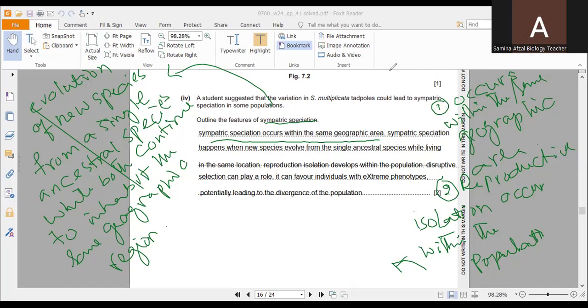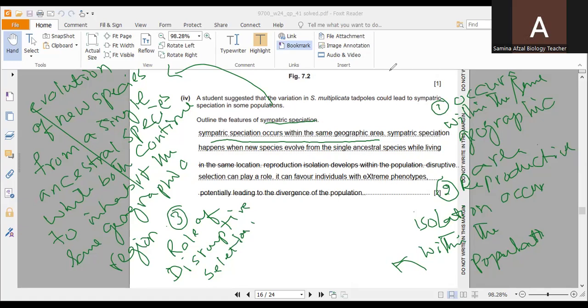Another thing we can write over here is that disruptive selection can also play a role. There are different selective pressures within the same environment.